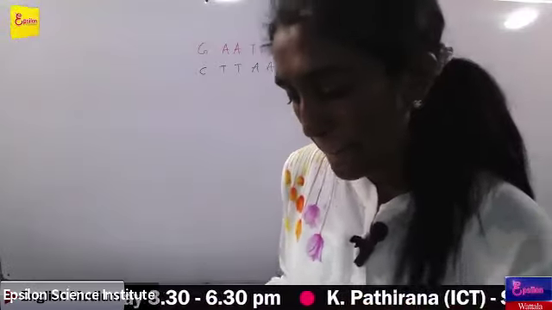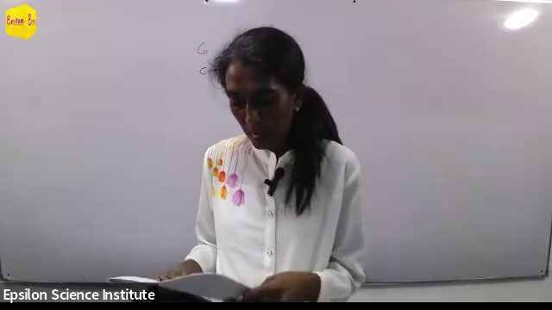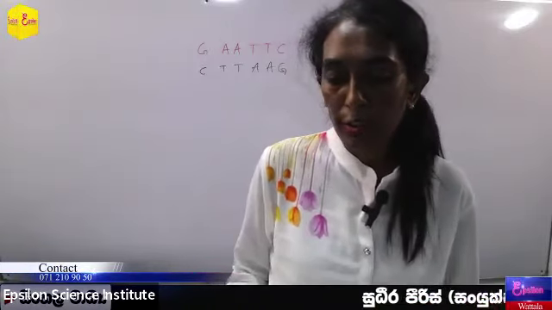Next slide. Why are amino acids considered as amphoteric? Amino acids have both an acidic group, which is COOH, and a basic NH2 group within the same molecule. One mark. Next one. What are the three major components of a nucleotide?